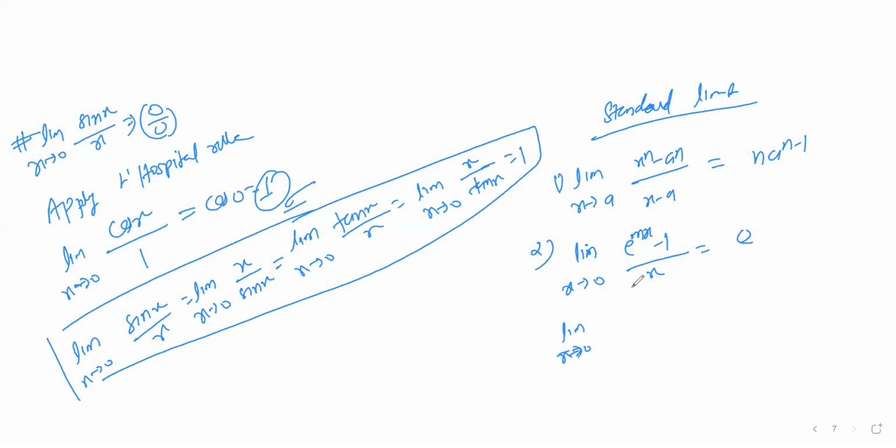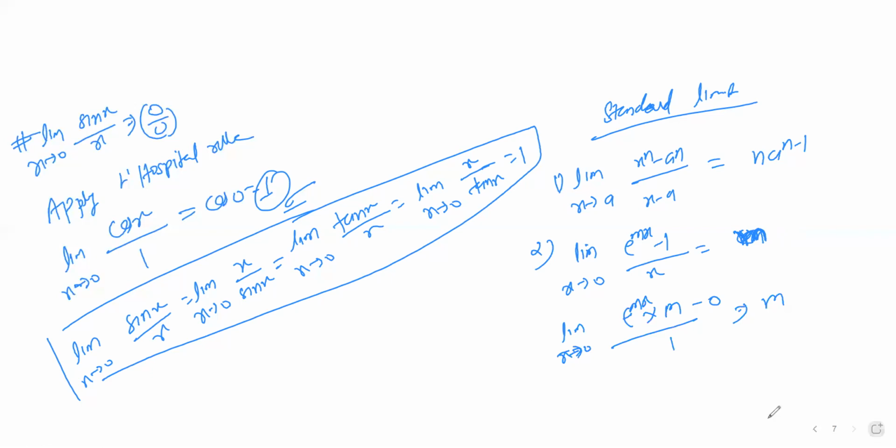The derivative of e raised to mx is e raised to mx times m, and the derivative of 1 is 0, divided by 1. Use the limit here, x tends to 0, it means e raised to 0 is 1, and 1 into m is m. The answer you will get here is m.